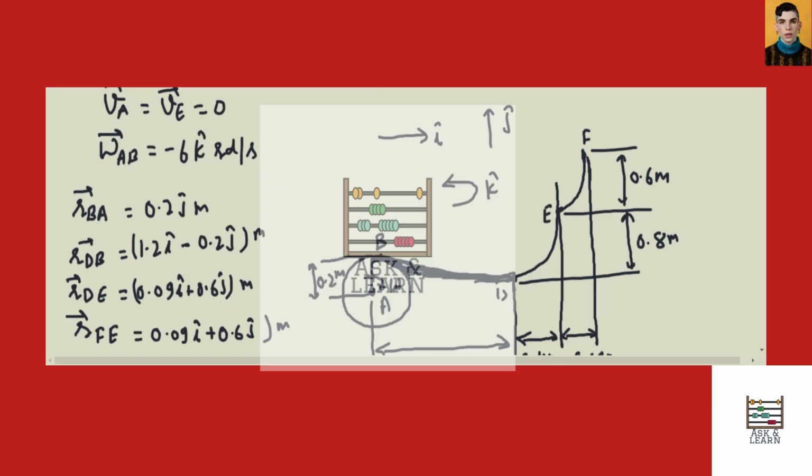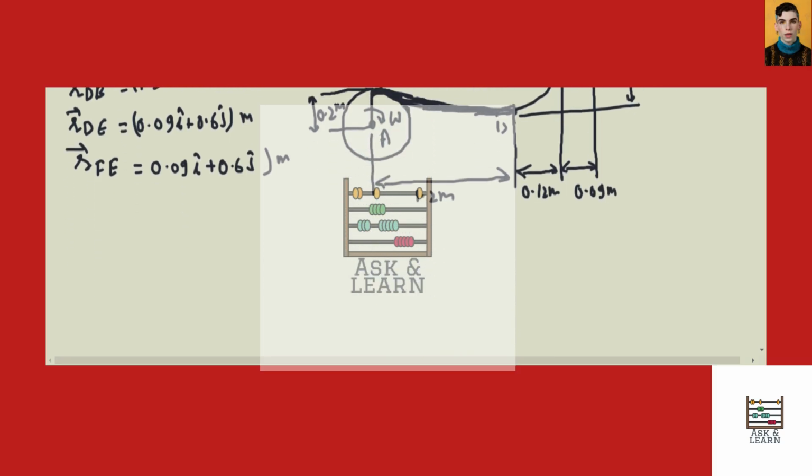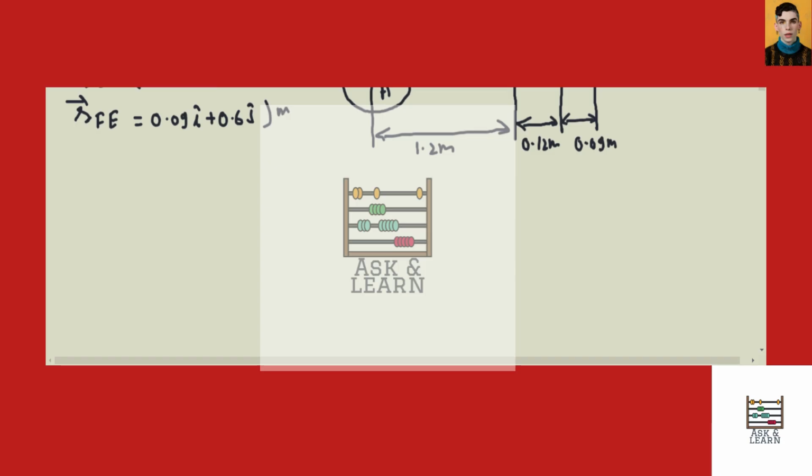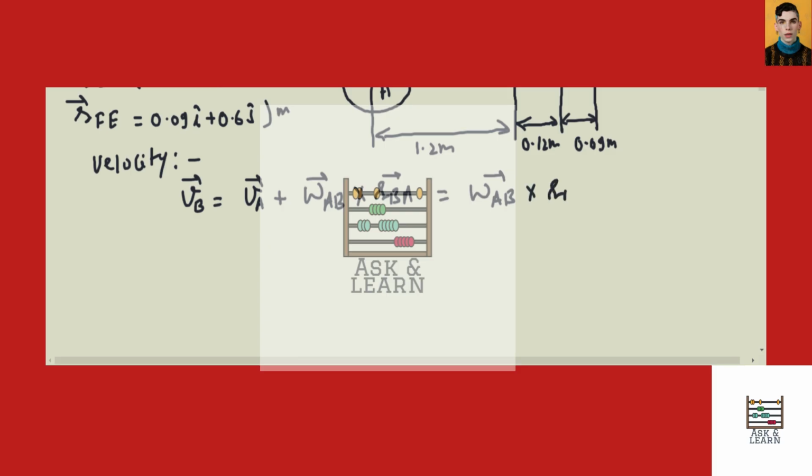Now we will solve for velocity and acceleration. First, we will do the velocity analysis. Velocity of B point can be written as velocity of A plus omega AB cross r_BA vector, but velocity of A is 0, so it will be omega AB cross r_BA vector. Value we will substitute later on.